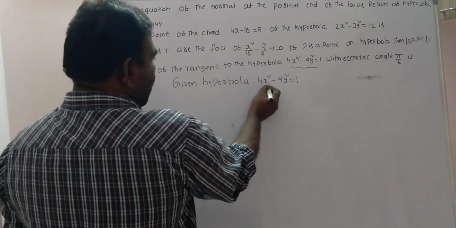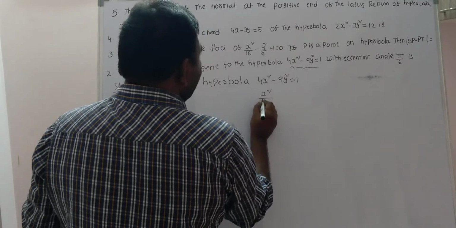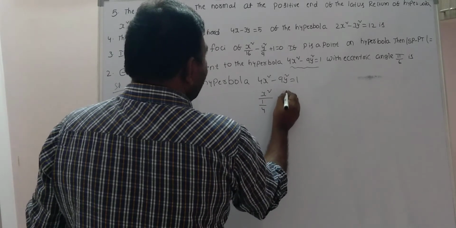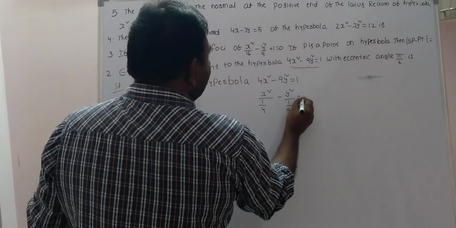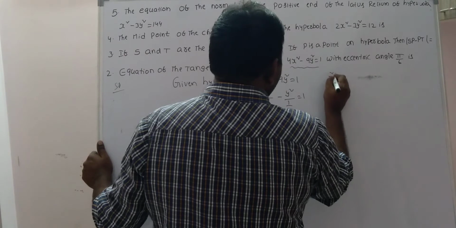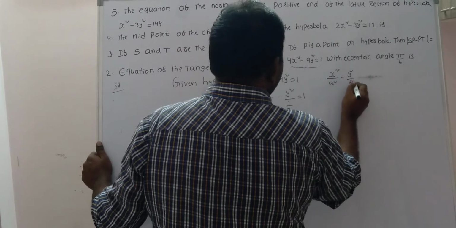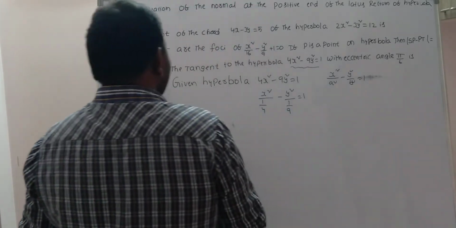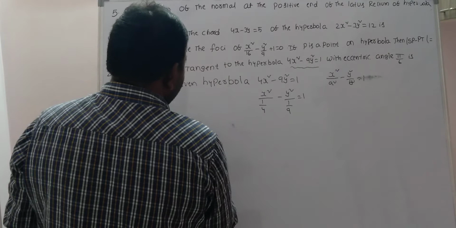Write in the hyperbolic form. That means x square by 1 by 4 minus y square by 1 by 9 is equal to 1. Why? Because a hyperbola is in the form of x square by a square minus y square by b square is equal to 1. Here also it gives us theta value pi by 6.